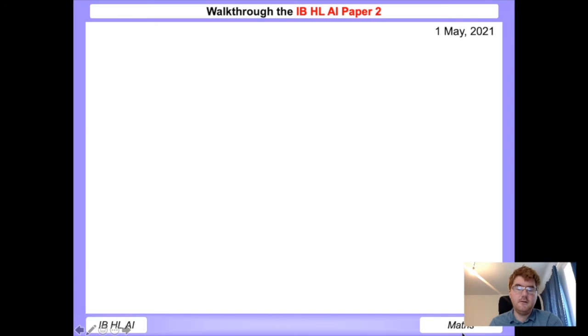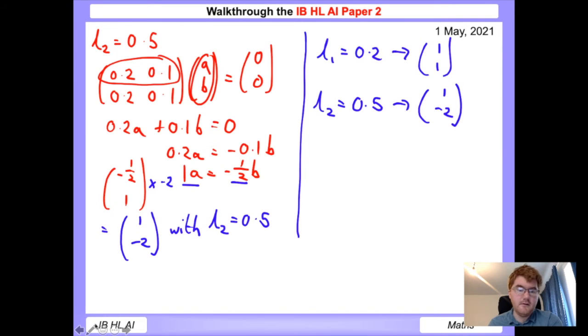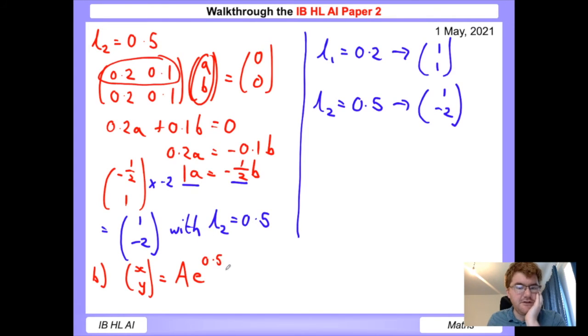So let me go to here. I'll put it in here, part B. So our general solution for any vector x, y is equal to A, e to the power of... So we're going to take one of our eigenvalues. Let's take the 0.5, 1. The only thing you have to watch out for here is a 0.5t.